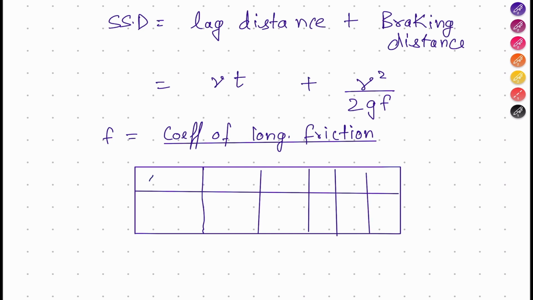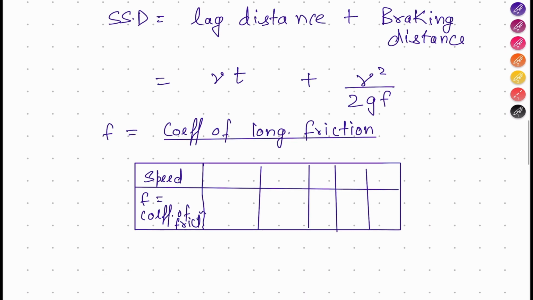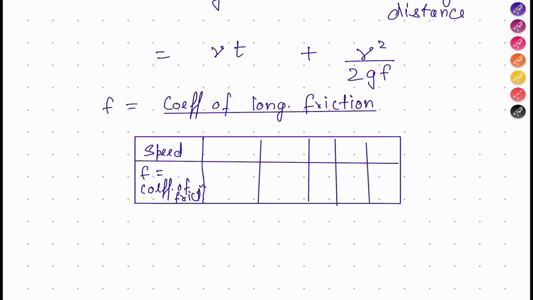This column will represent the speed. f is equal to the coefficient of friction, right? Then the speed in kilometer per hour. Speed here will be represented in kilometer per hour. As the speed is less than 30, the coefficient of friction would be 0.40.